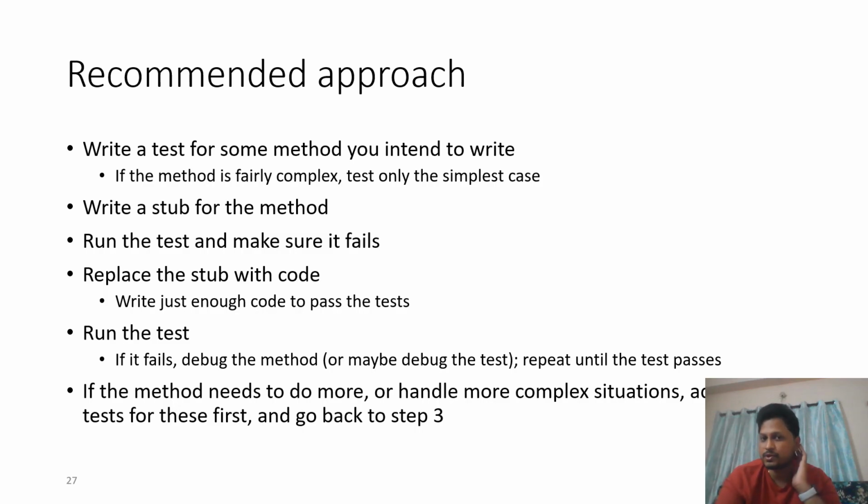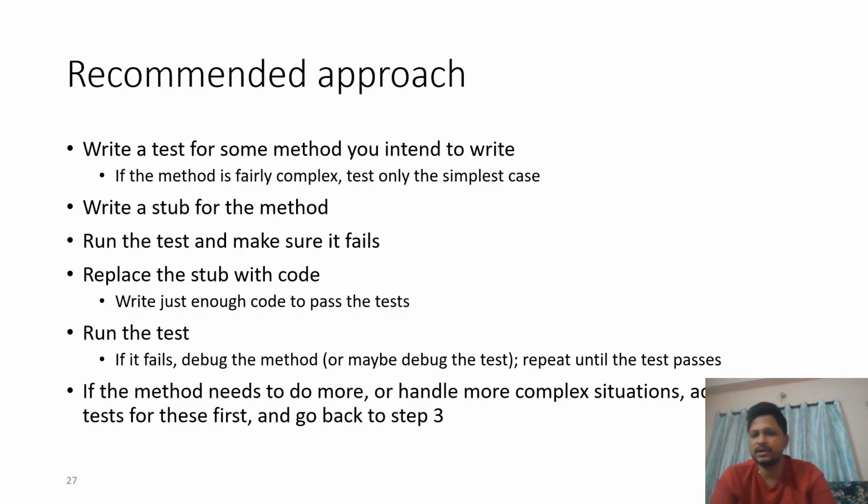That level of problem also happens if you are not following the recommended approach. So writing a stub for a method is very important, and running the test and making sure its failure or success is also very important. Replacing the stub with the code, writing just enough code to pass this test is also very important, and running the test case, debugging the methods, and repeating until the test passes.